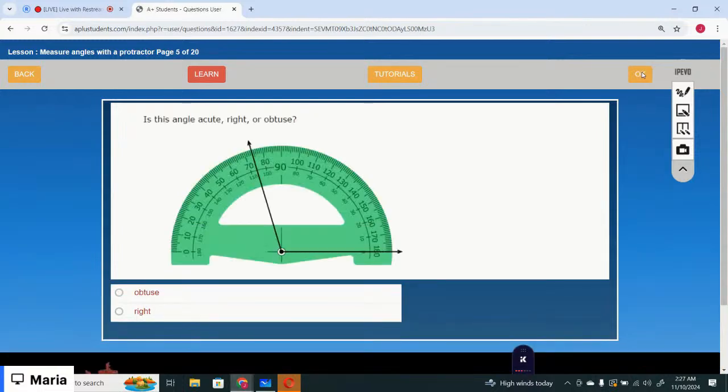Is this angle acute, right, or obtuse? That is more than 90 degrees, so that is an obtuse angle.